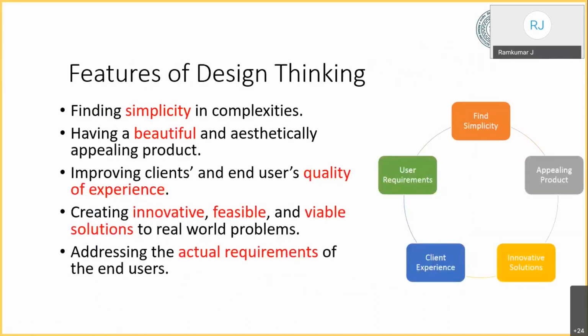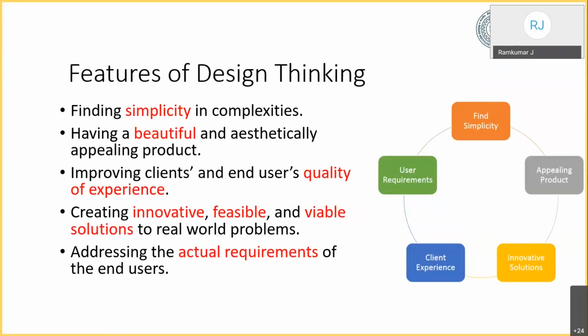So what are all the features of design thinking? It finds simplicity in complexity. So it tries to convert a complex solution into a simple solution. It gives beautiful and aesthetic appeal, which is also part of the solution you can generate. It improves the clients' and the end users' quality of experience. Creating innovative, feasible, and viable solutions to real world problems is one of the features of design thinking.